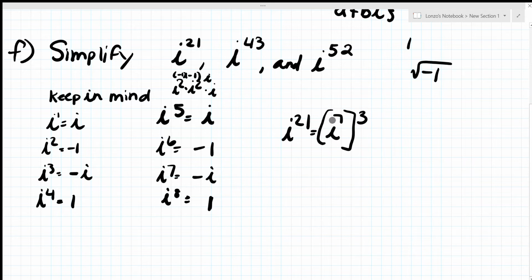Because remember, when you're raising exponents, you're multiplying the exponents. So this is equivalent to i to the 7th raised to the 3rd power. What do we know that i to the 7th is? It's -i, and then we just got to raise that to the 3rd power. So that's like saying -i times -i times -i, right?